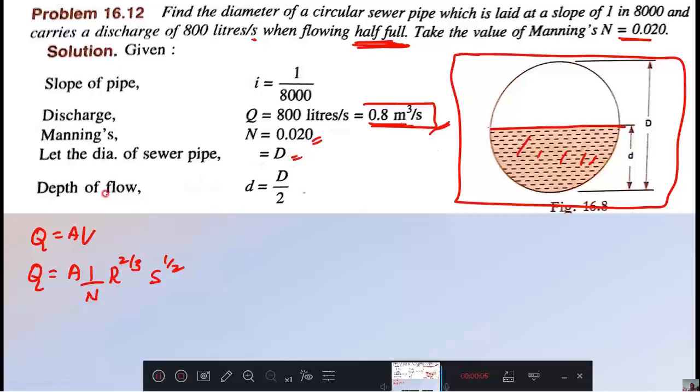Diameter I will consider as D, and the depth of flow, what is the depth of flow here? This h is equal to capital D by 2, diameter by 2, because it is half full. Half full means h is equal to this much. Understood? If you know this, then you can go ahead to calculate the further things. Now look here, this is a circular section.